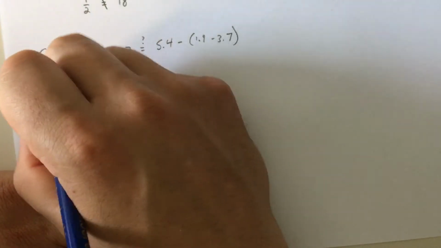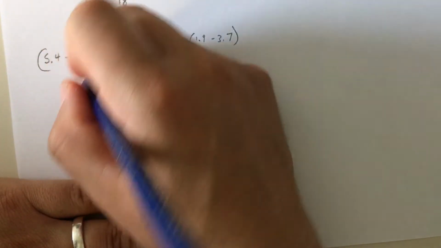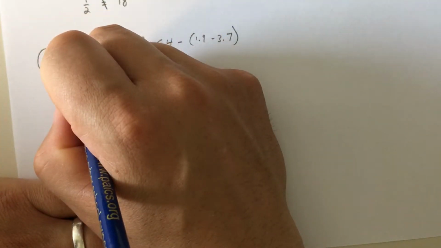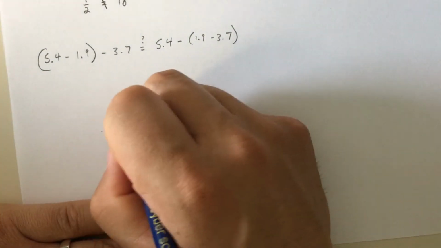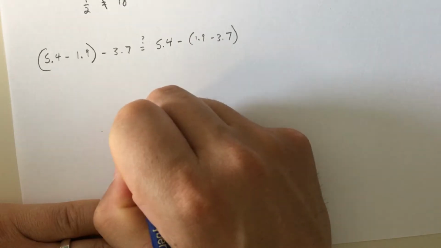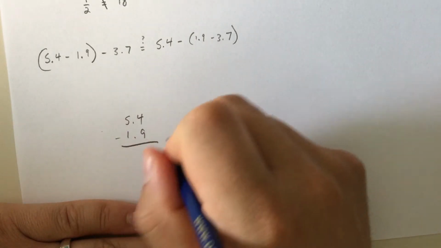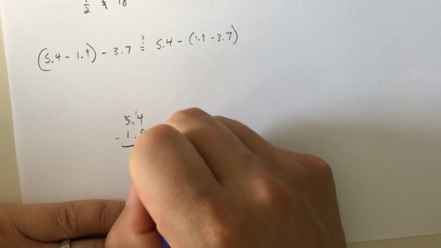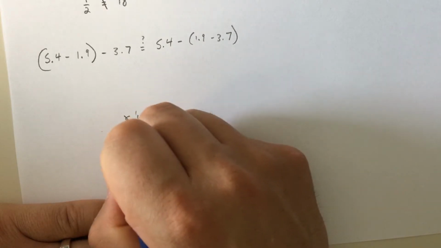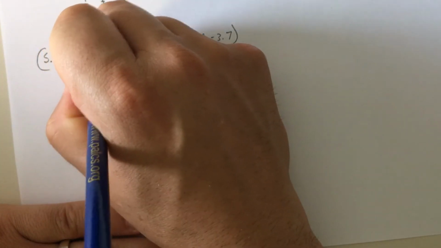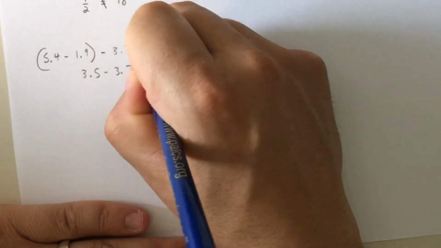All right, so here we're going to do 5.4 and 1.9, above one another. Borrow, 5 becomes 3, so we got 3.5 minus 3.7.